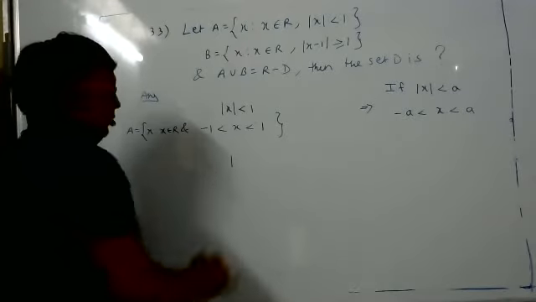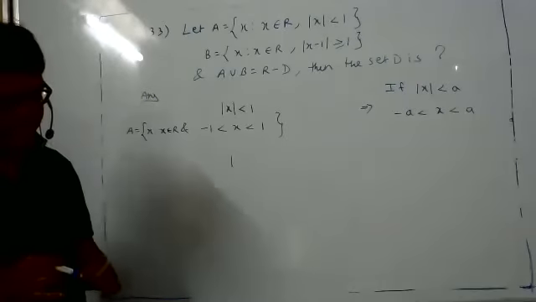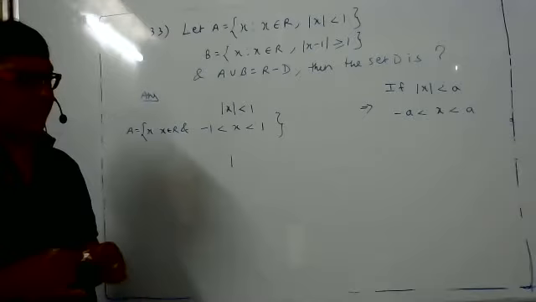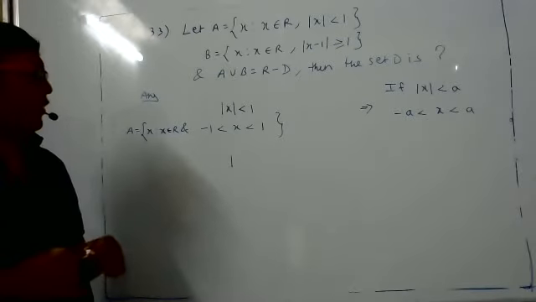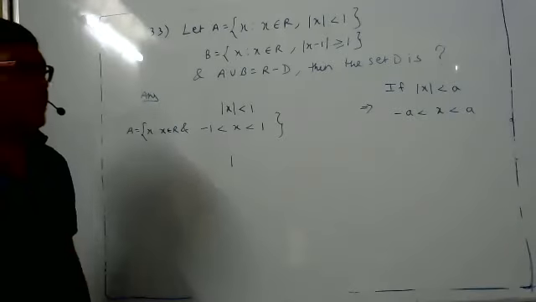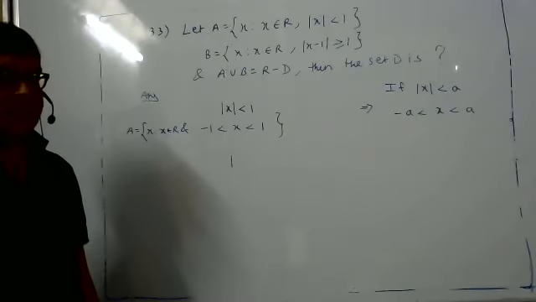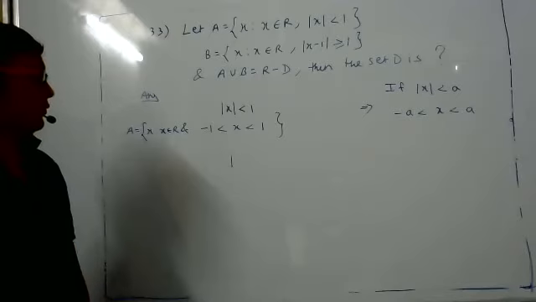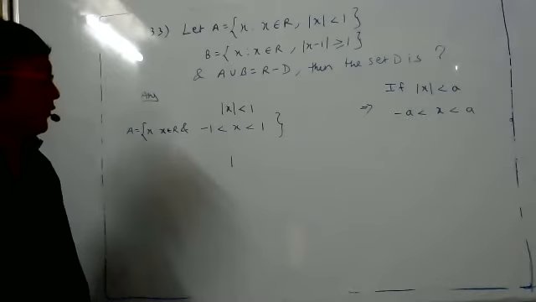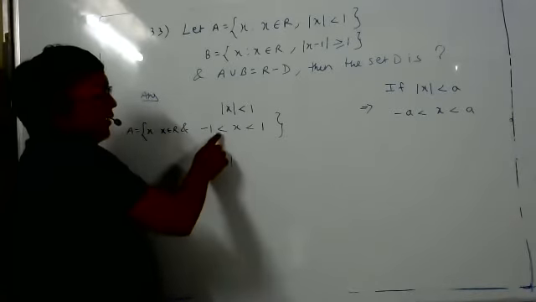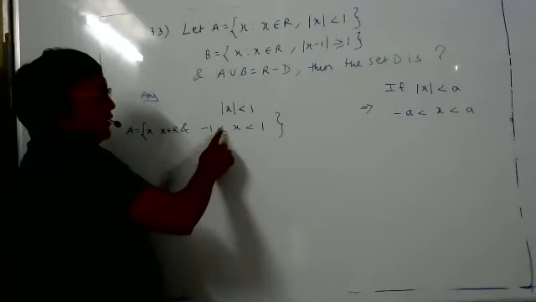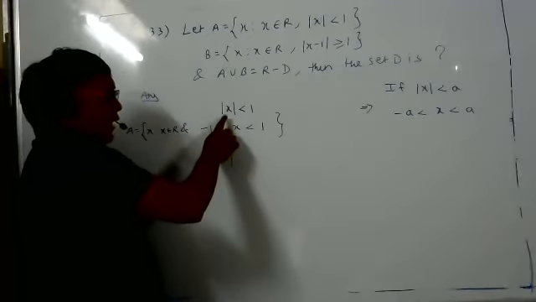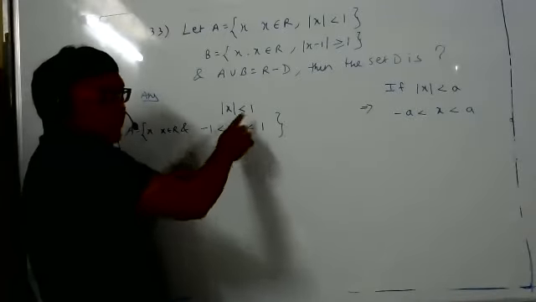Sir, but if we take mod X, the set would be only from 0 to 1, no sir? No, student. That only I was teaching you yesterday. Shall I teach again? Take some negative value here, but the result should be less than 1. If you take minus 0.5 and take the mod, is the mod not less than 1?